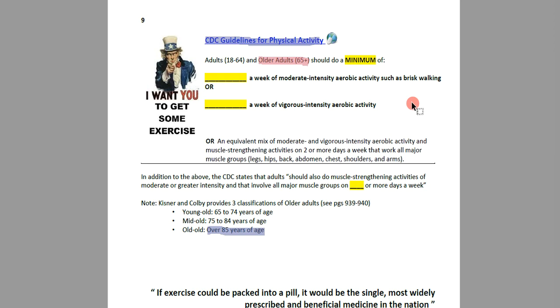So in terms of the CDC recommendations, they have been recommending this for some time. Adults and older adults combined, either demographic there, should get 2.5 hours a week of moderate intensity aerobic activity, or 150 minutes.